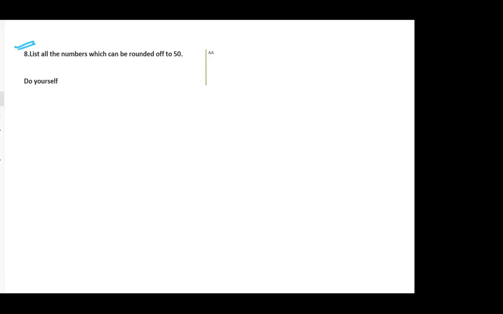Now next question says list all the numbers which can be rounded off to 50. So this question you have to do yourself. Okay, next question, write the smallest and the largest number which are rounded off to 80. Clear? You only have to tell the smallest and the largest number, not all the numbers.